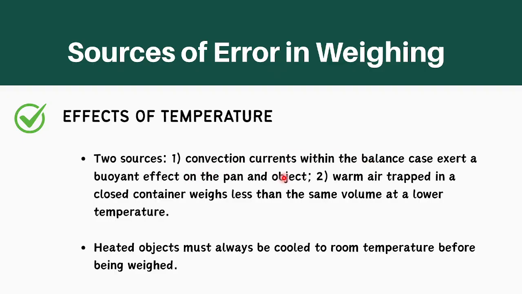Di ba naa man siya sa different currents, katong convection, conduction, na siya. Movement sa air. Then second, warm air that is trapped in a closed container weighs less than the same volume at a lower temperature.